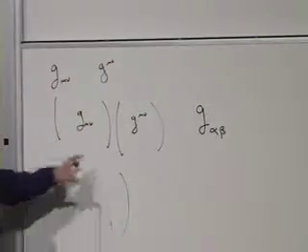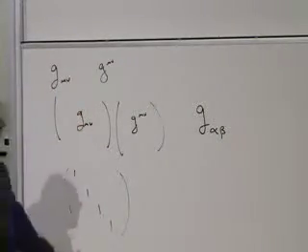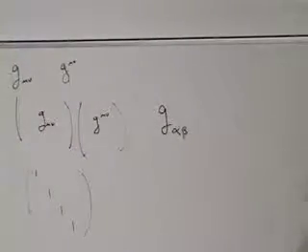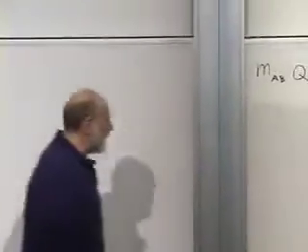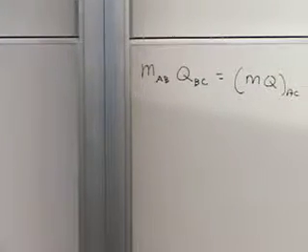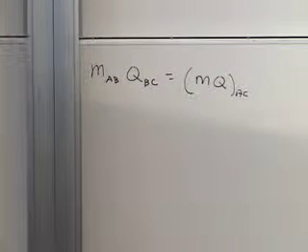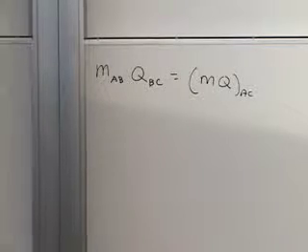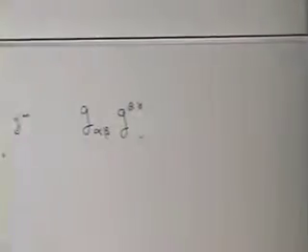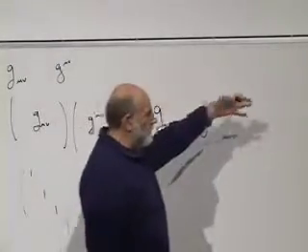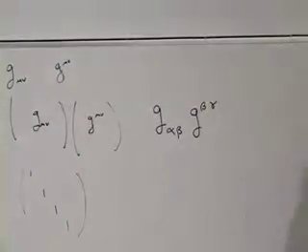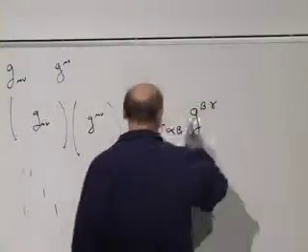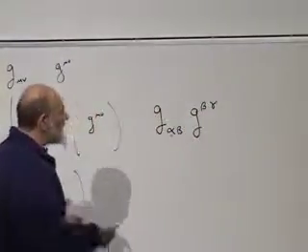This is the matrix with lower indices. Next to it, we put the other matrix that we're multiplying by it, G beta gamma. That's the same logic that we have here, MAB, QBC: G alpha beta, G beta gamma, and sum over beta.